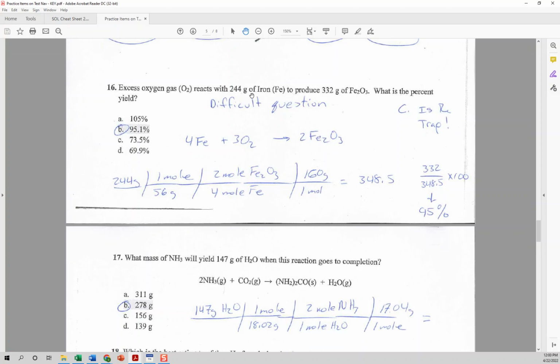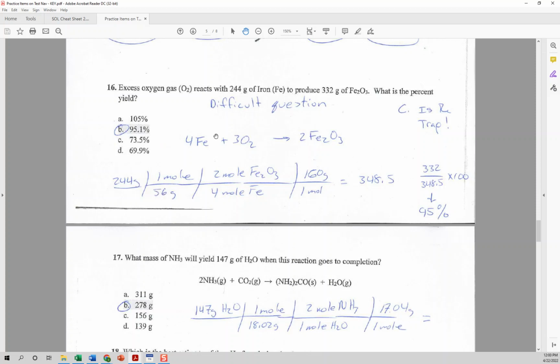Then you have to figure out, if all 24 grams of iron react, how much Fe2O3 should I get? I take my grams of iron divided by the molar mass of iron, which I got from my periodic table. I'm rounding here because the numbers aren't that close to each other, so instead of 55.85, I can say 56.